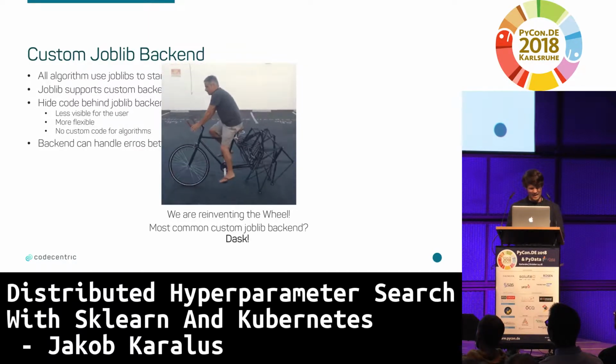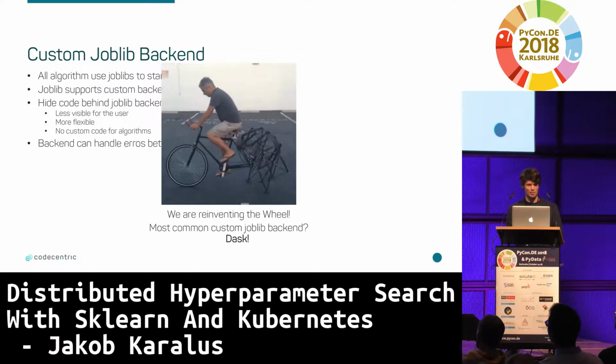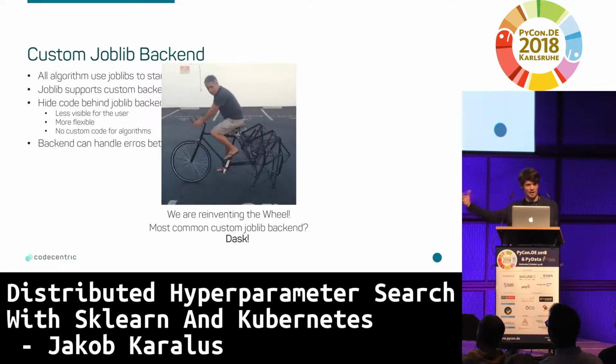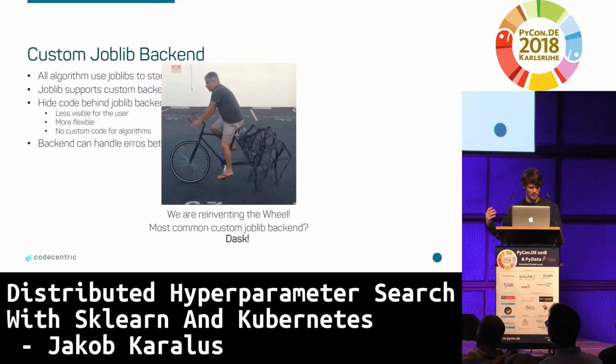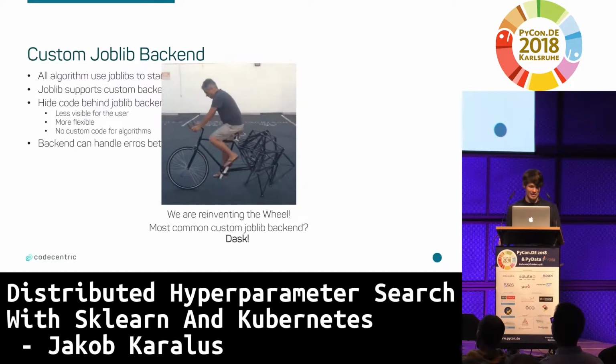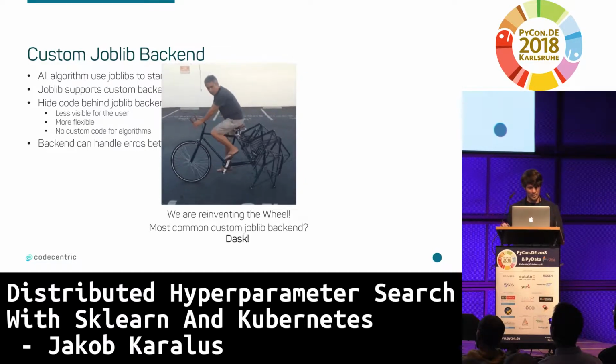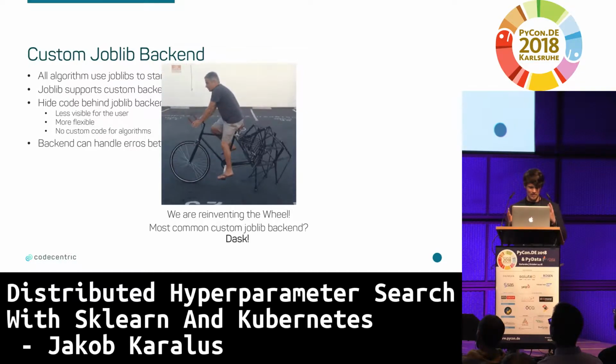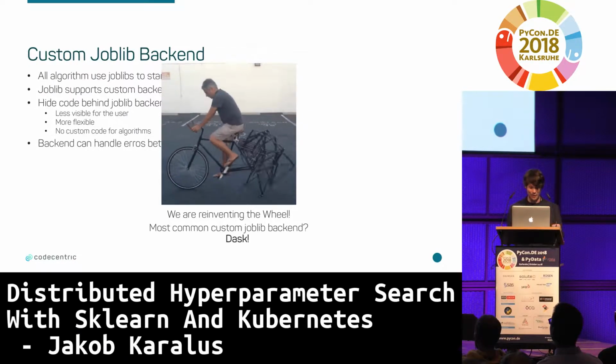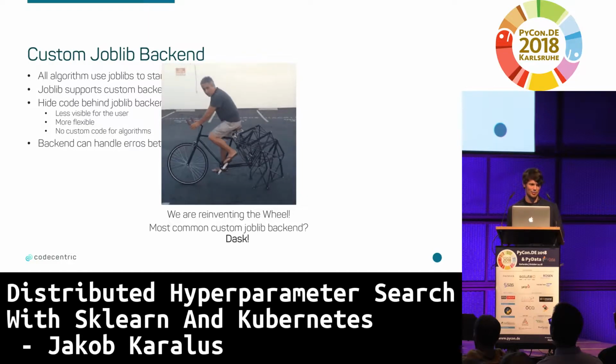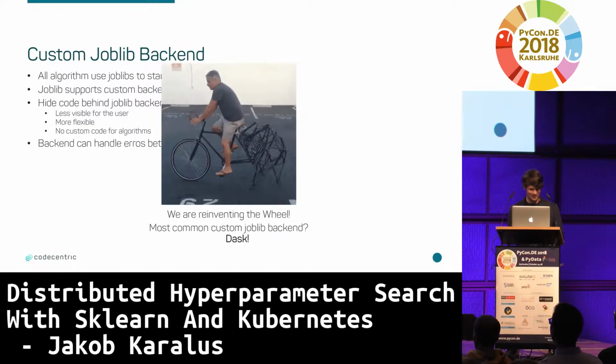And it's really complex to actually do that, like abstract everything behind Joblib for the user so he doesn't have to work. And the custom Joblib backends aren't really documented, and the reference implementation is Dask. So we naturally started looking into Dask.